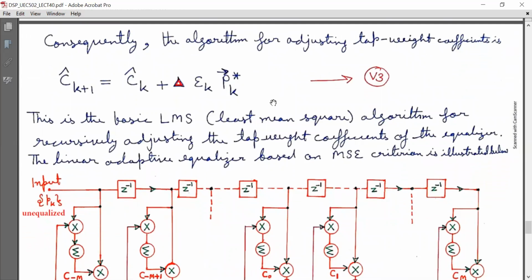Consequently, the algorithm for adjusting tap weight coefficients is C cap k+1 = C cap k + delta e_k p_k conjugate, marked as equation V3. This is the basic LMS, least mean square, algorithm for recursively adjusting the tap weight coefficients of the equalizer.